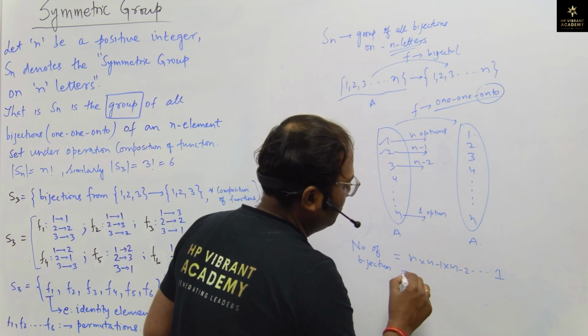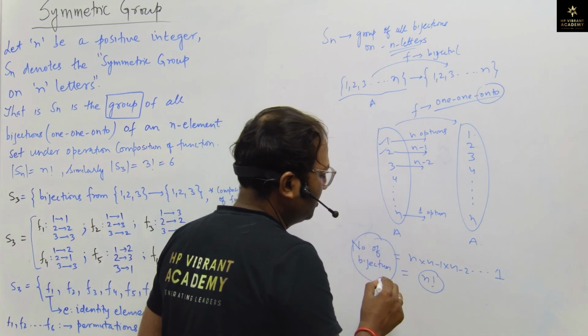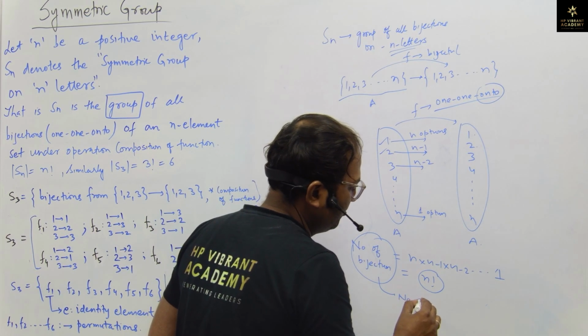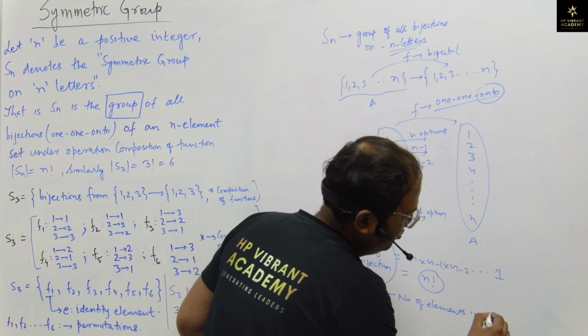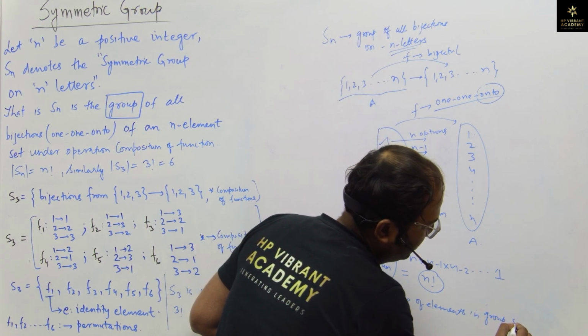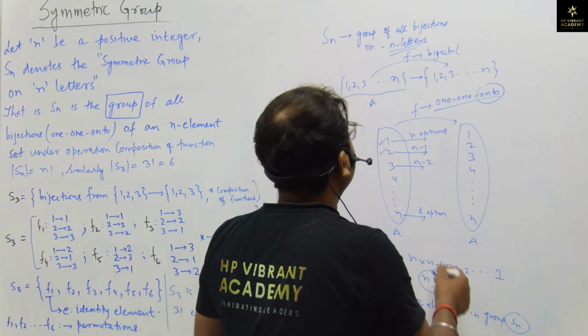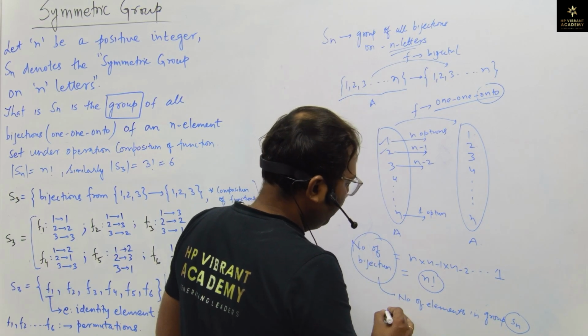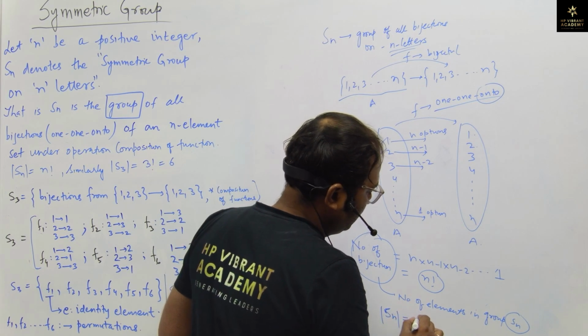This is nothing but n factorial. So the number of bijections is nothing but the number of elements in group Sn. So the order of symmetric group Sn is equal to n factorial.